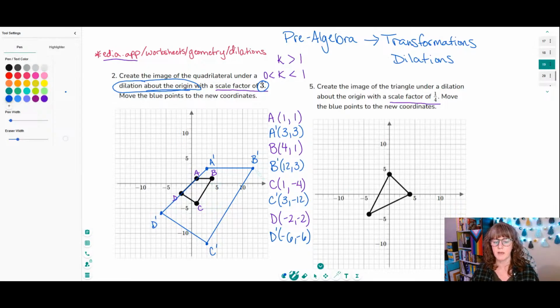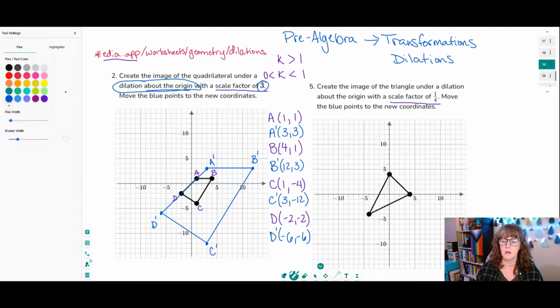So when we multiply that, it's going to be a lot more extreme of a jump. Notice also that because the line DA is going through the origin, our new line A prime D prime is also going through the origin.